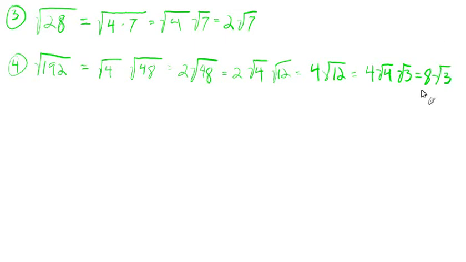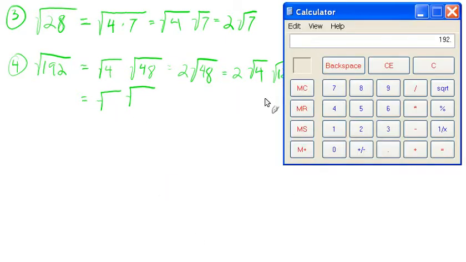Okay, so the fastest thing you could possibly do is see what the largest perfect square is that goes into 192. So let's do this a little faster. Let's split this up into 2 square roots and get this to be the biggest square root you could possibly do. So let's bring up our calculator. We'll just go through the perfect squares and see what the biggest one is that goes into 192.